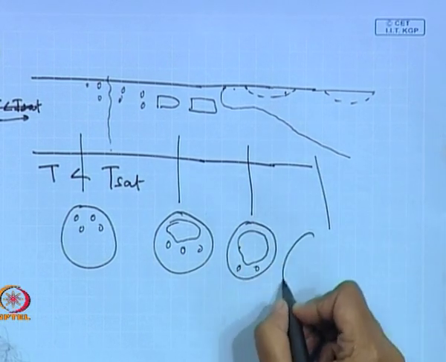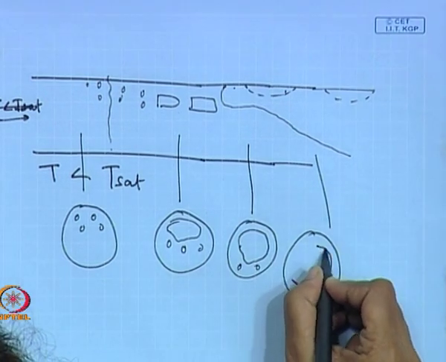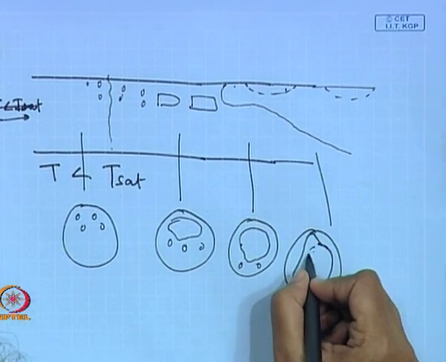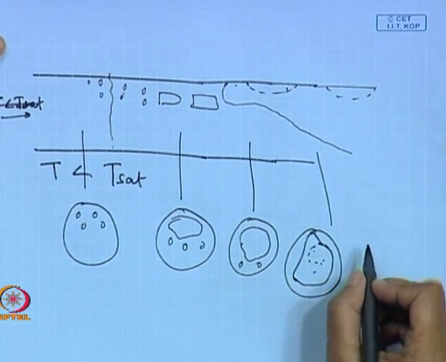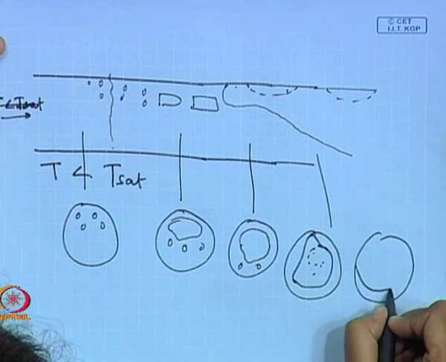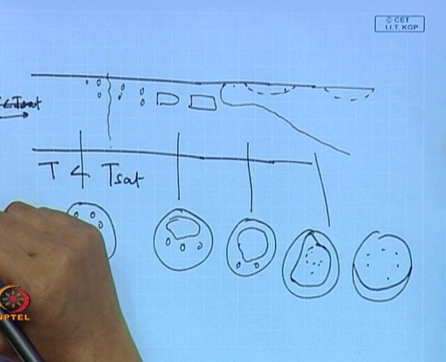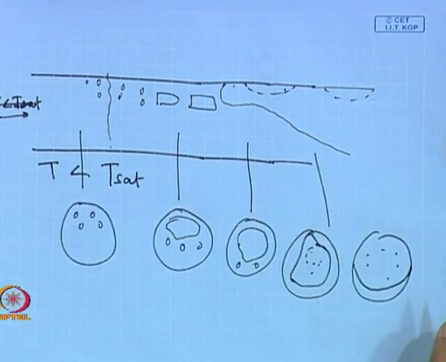We take another cross sectional view, we will find a thicker liquid here and a thinner liquid here and things like that. Then we find that there will be portions when only the lower portion will be wetted and the upper portion will be dried out. In this particular portion, if we observe.